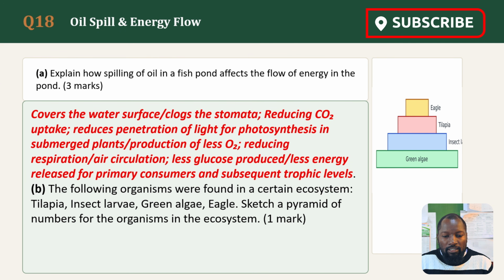The following organisms were found in a certain ecosystem. So we have the tilapia, insect larvae, green algae, and then we have eagles. You are being asked to sketch a pyramid of numbers of the organisms in the ecosystem, and this is how it will look. The green algae in this case are the primary producers, so they benefit directly from the sun.